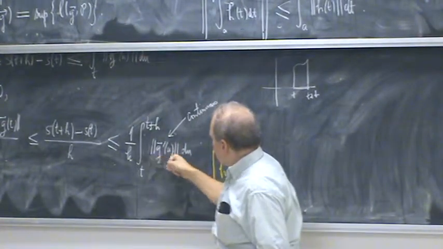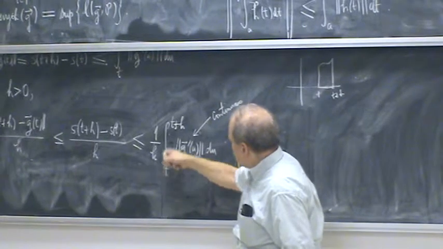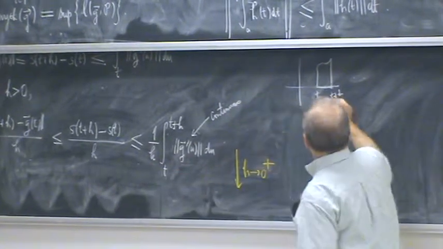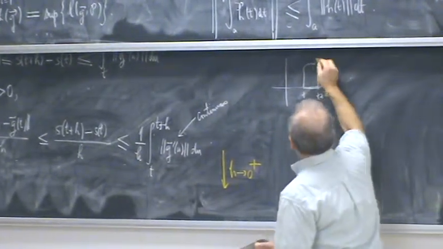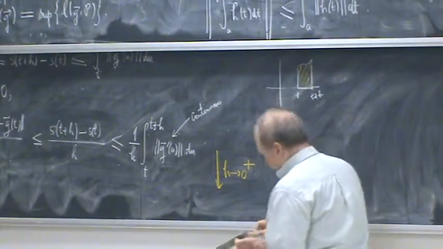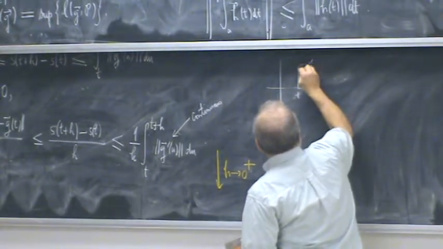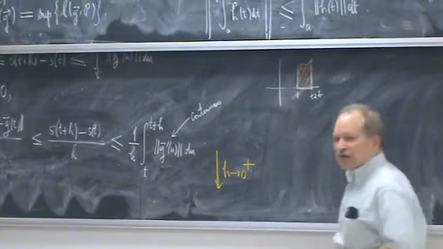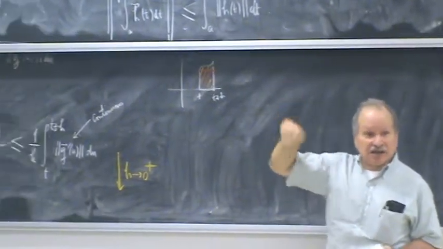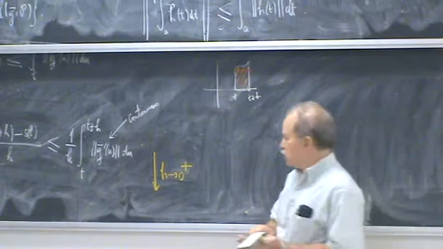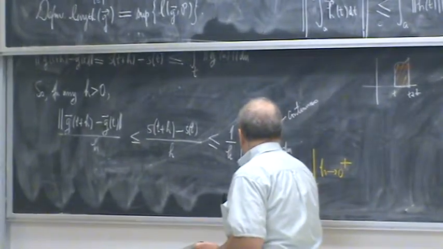the area under the graph of this function from t to t plus h divided by the base, right? This area looks a lot like that rectangle in the limit, and when you divide by the base, you get the height, which is just the value of the function at t.